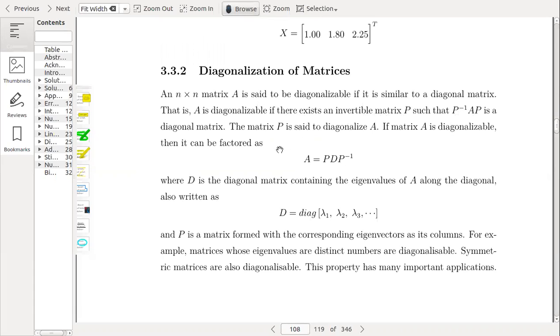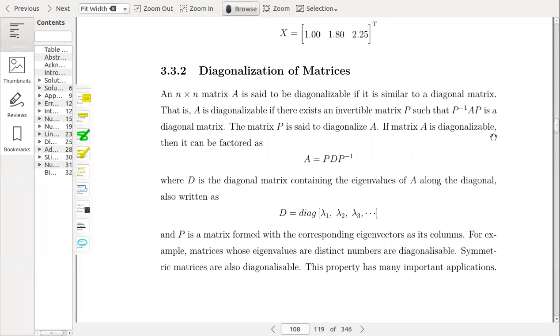That is, A is diagonalizable if there exists an invertible matrix P such that P inverse AP is a diagonal matrix. The matrix P is said to diagonalize A.